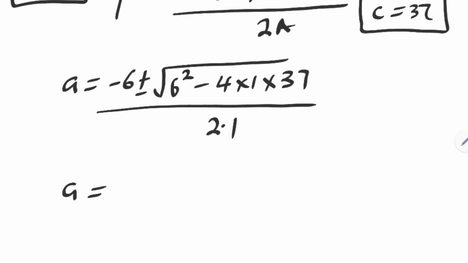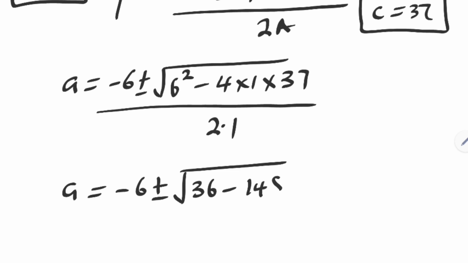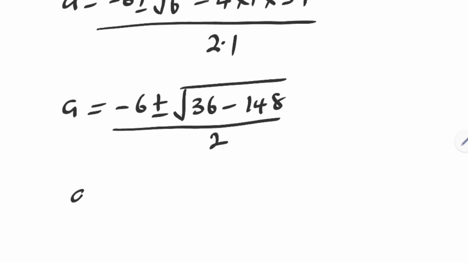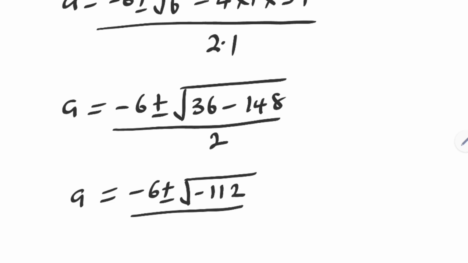A is equal to minus 6 plus or minus square root of 6 squared, that is 36, minus 4 multiplied by 1 multiplied by 37, that is 148, divided by 2 multiplied by 1, 2. Then a is equal to minus 6 plus or minus square root of 36 minus 148, that is minus 112, divided by 2.